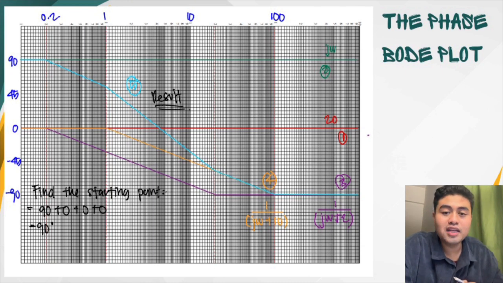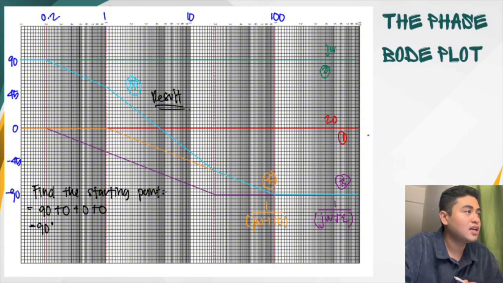You can see the starting point at 90, and then you just draw a line. The result will be the light blue. You draw the line until it reaches the region between 0.2 and 1. When you are at the region, you must look at the graph, whether they slope down or slope up.